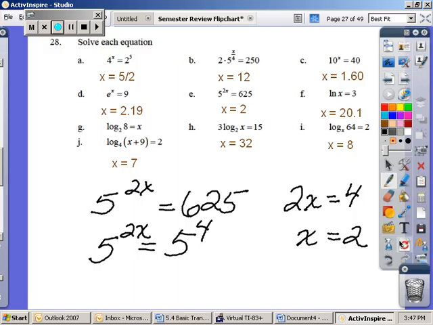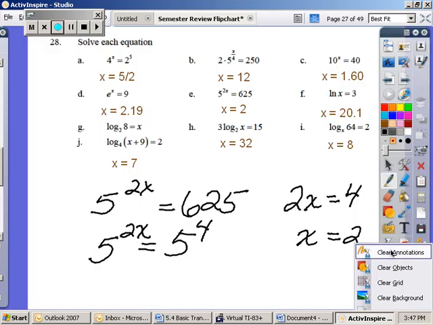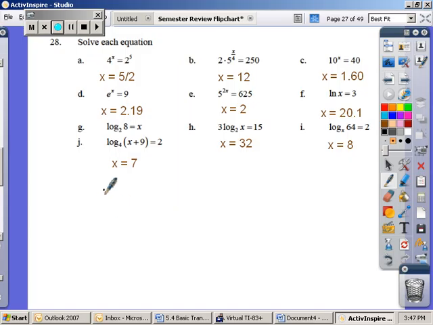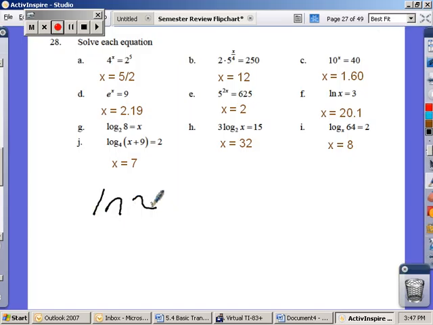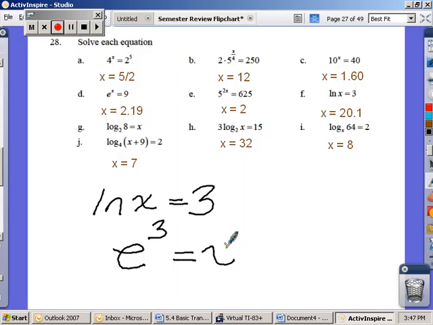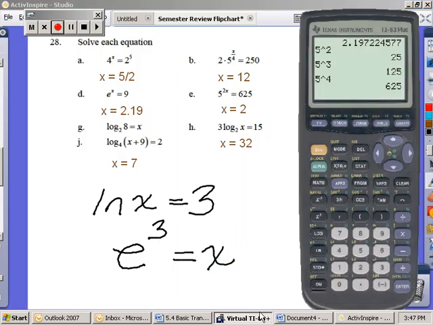Letter F. The natural log of x equals 3. What is my base when I write natural log? e. What is my exponent? 3. What is my argument? x. Let's go to our calculator.